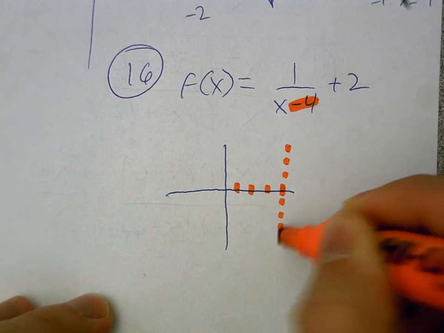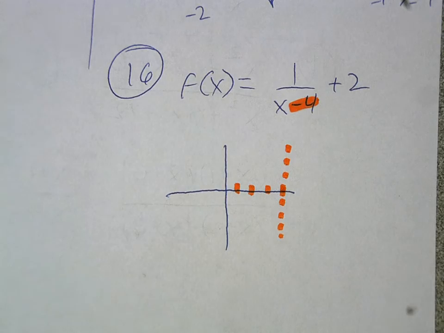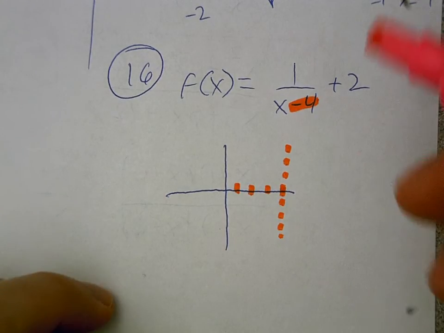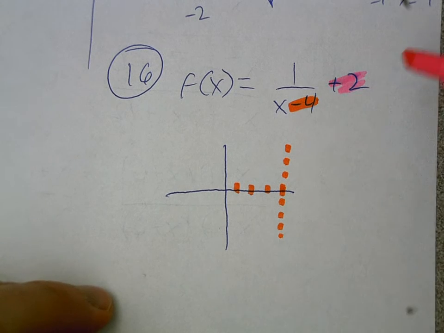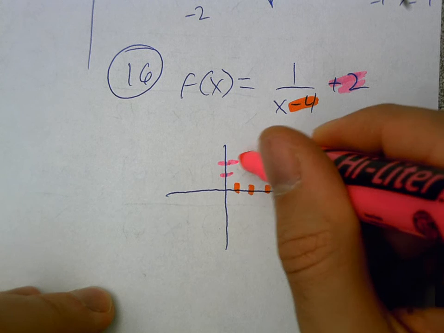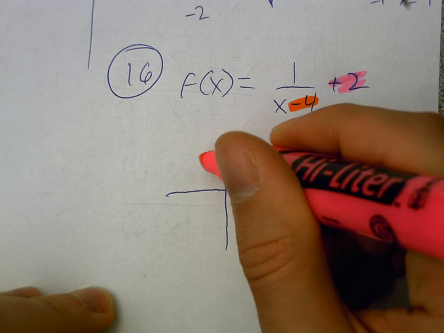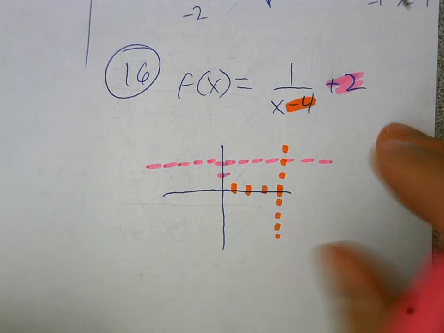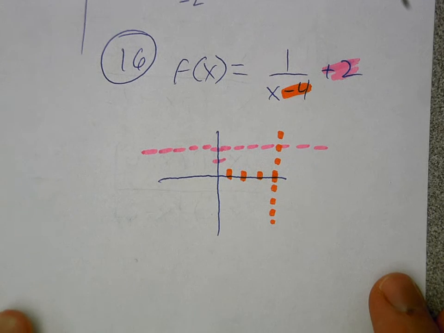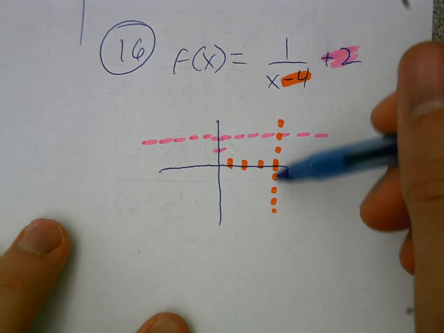That's my vertical asymptote that I can't go across. And then this plus 2 is going to move me up 2. 1, 2. There's my horizontal asymptote that I can't go across. And then I need to get points on either side of this vertical line.